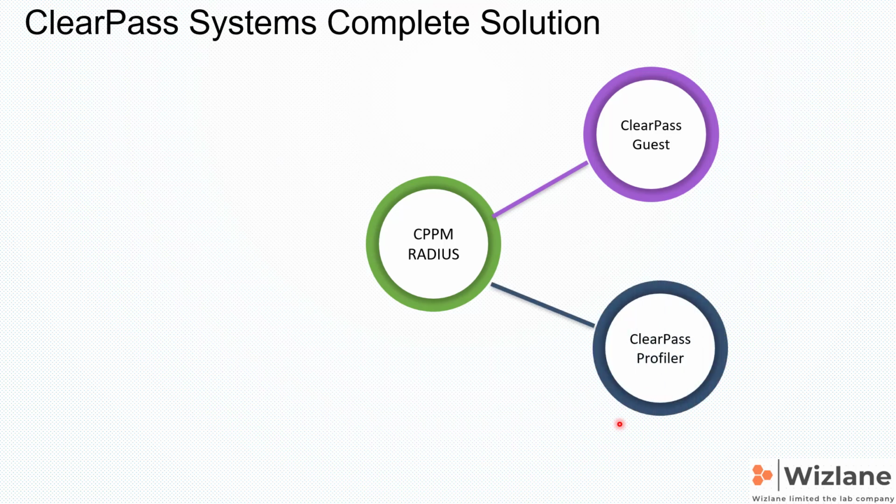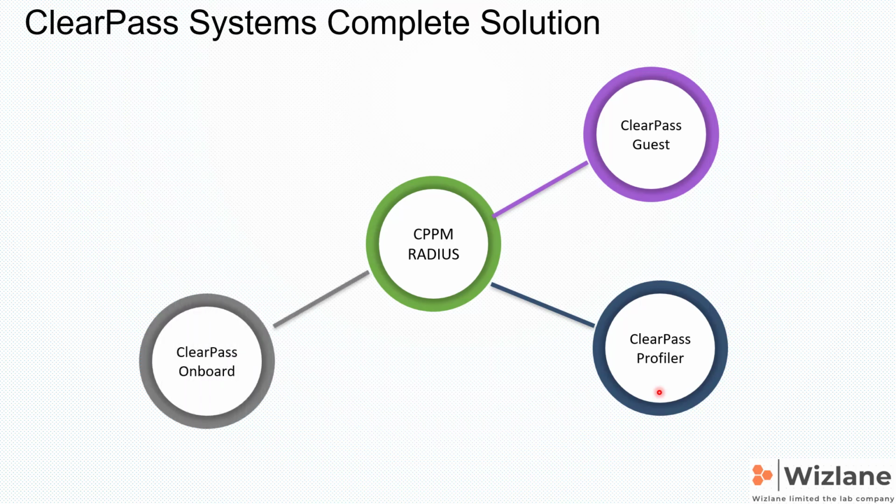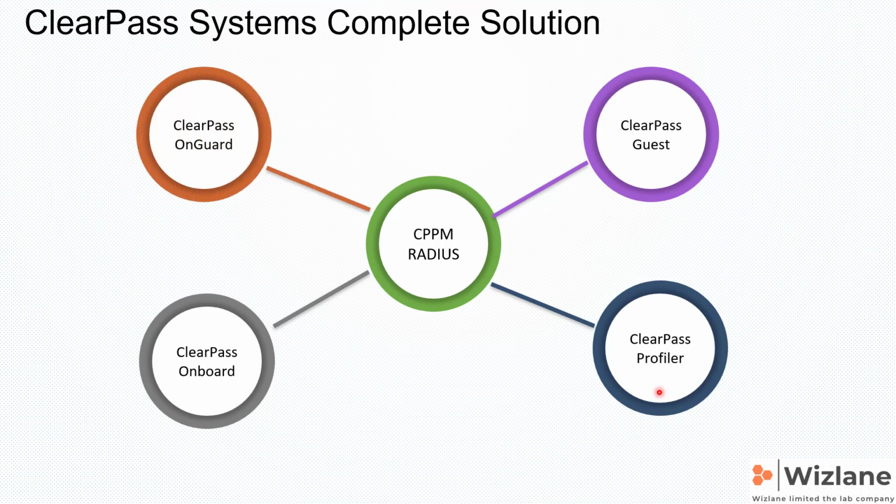We also have ClearPass Profiler. The profiler basically is, when you connect, I'm able to identify that machine. I'm profiling that machine. I can do ClearPass Onboard. That's another component. ClearPass OnGuard. This is not the complete list, this is the system basically, and these are the main components.